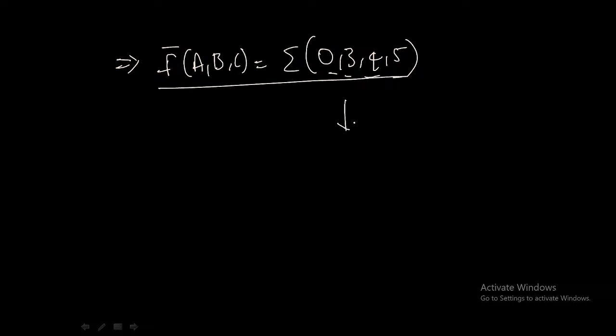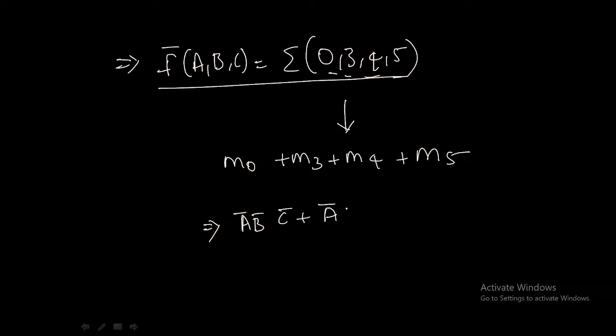So how to write the min terms for this? Which is nothing but m0 plus m3 plus m4 plus m5. And another form of representation is a bar b bar c bar plus a bar b c plus a b bar c bar plus a b bar c.